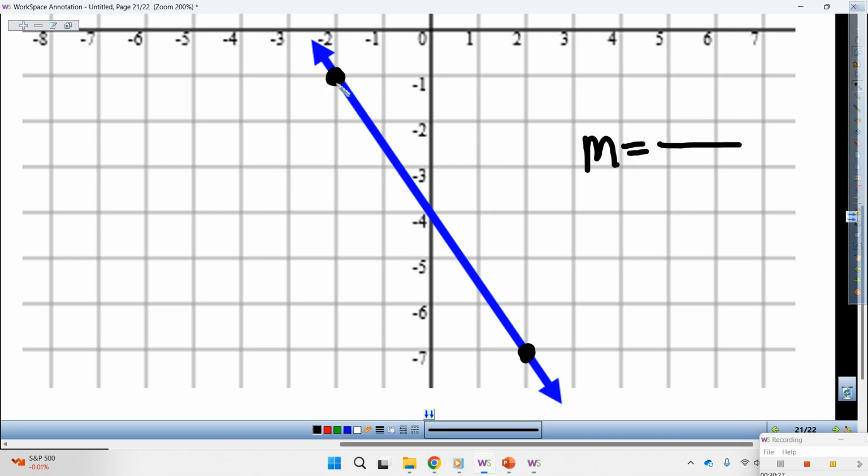All right. Looks like Gabriel's ready to go. Gabriel, if I need to go from this point to that point, what would be my rise? 1, 2, 3, 4, 5, 6. You're very close.